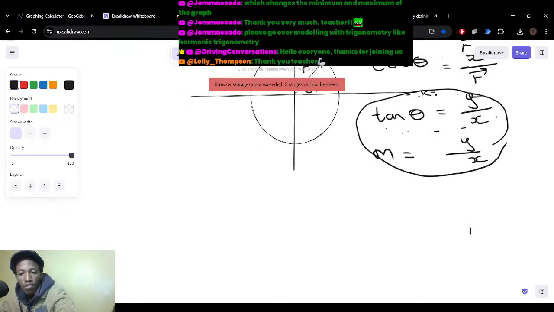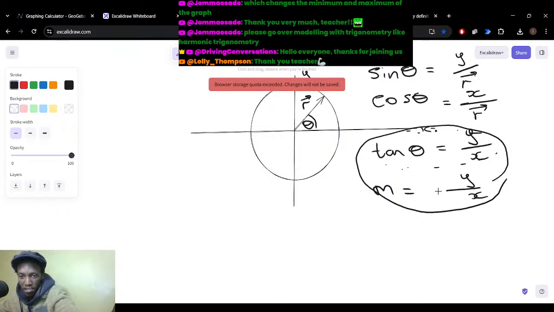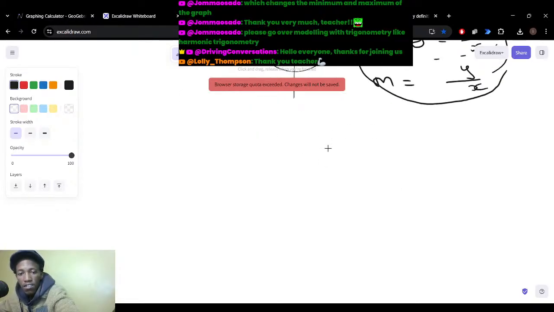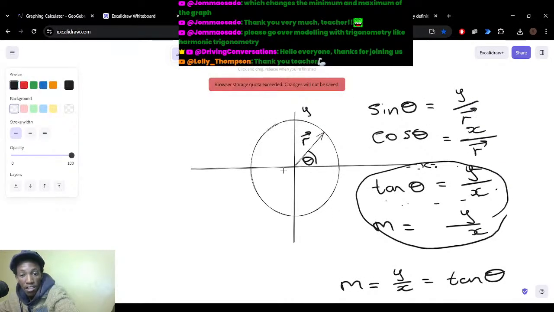So this can be used to conclude that another way to calculate the gradient is that the gradient is equal to y over x, which is equal to tan theta, theta being the angle of inclination with respect to the x-axis, not this angle, but this one with respect to the x-axis.